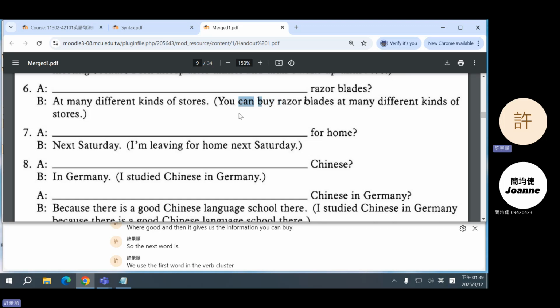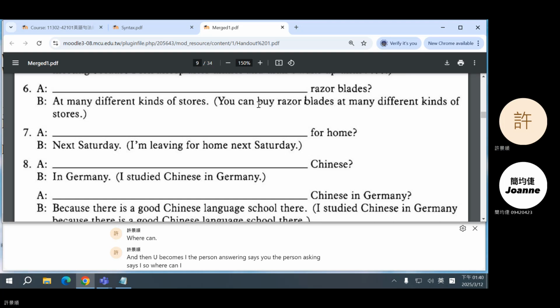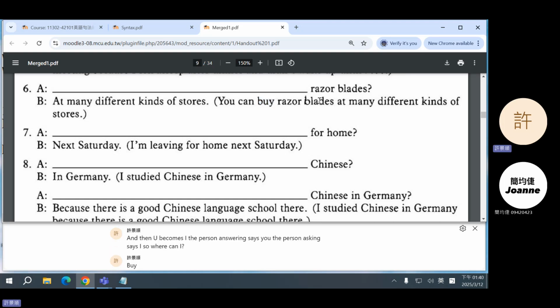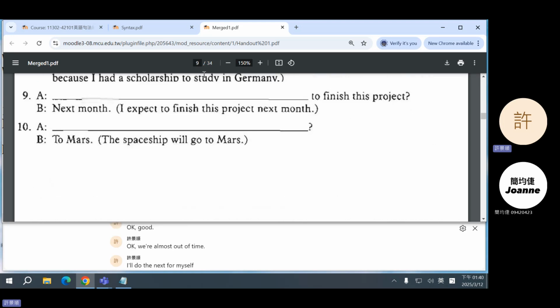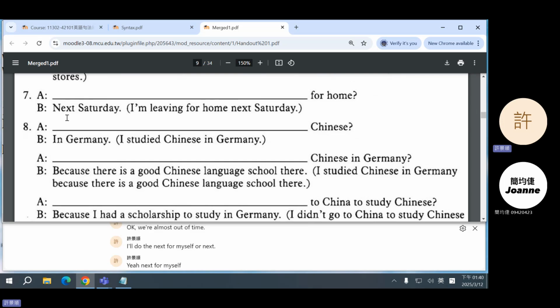So it would be can, right? Where can, and then you becomes I. The person answering says you, the person asking says I. So where can I buy razor blades? Okay, good. Okay, we're almost out of time. I'll do the next for myself.